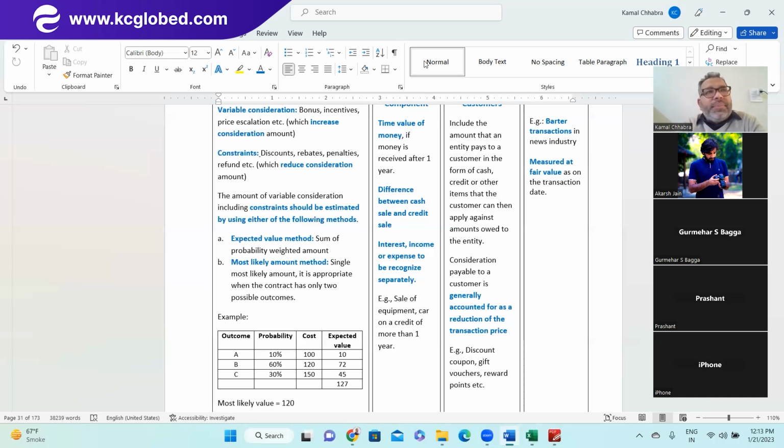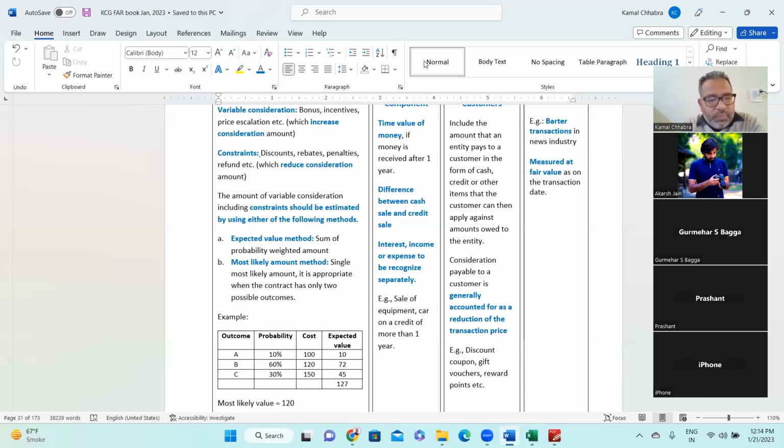So for example, you are selling a Domino's pizza, and you are giving 50% discount on the next purchase, right? That's what we discussed in the material right example also. So how do you calculate the amount you need to allocate for the material right?